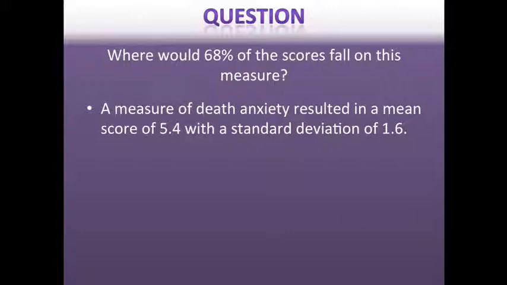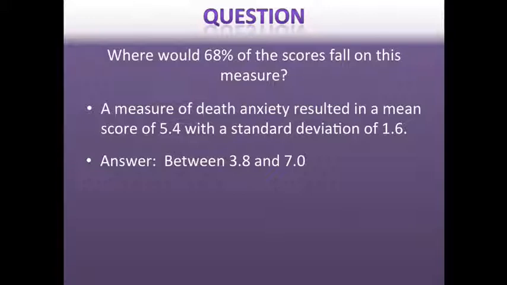Okay, so what would that look like? Well, you'd have an answer between 3.8 and 7.0, right? So now, if you were to take 2 standard deviations, which would be 95% of the sample, what would it look like? Well, you'd essentially do the same thing, right? So you'd subtract another 1.6 and add another 1.6, and you get a range of between 2.2 and 8.6.